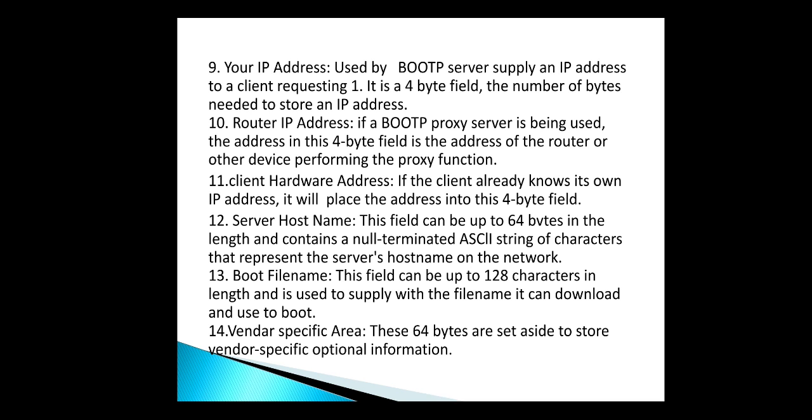Boot file name: this field can be up to 128 bytes in length and is used to supply the file name the client can download and use to boot. The next field is the vendor specific area, and 64 bytes are set aside to store vendor specific optional information.